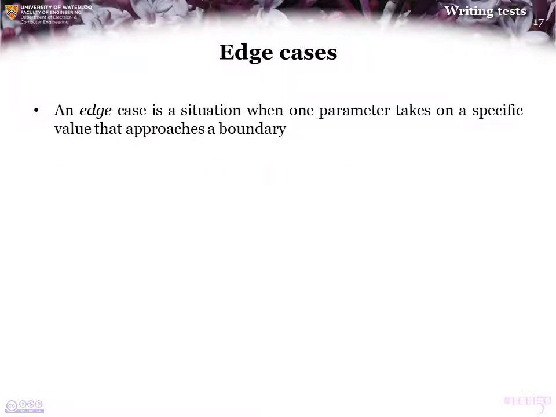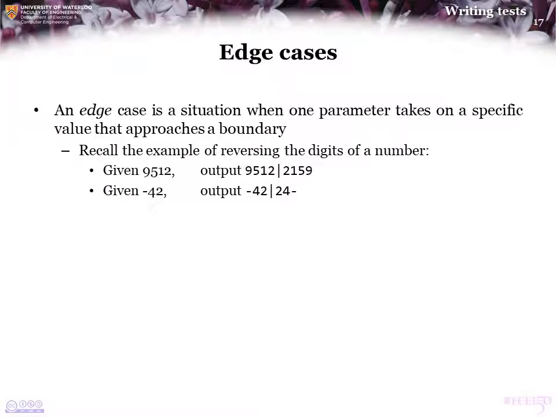An edge case is a situation where one parameter takes on a specific interesting value that approaches a boundary in the source code. Now, what does that mean? Well, recall previously we worked through an example of reversing the digits of a number.